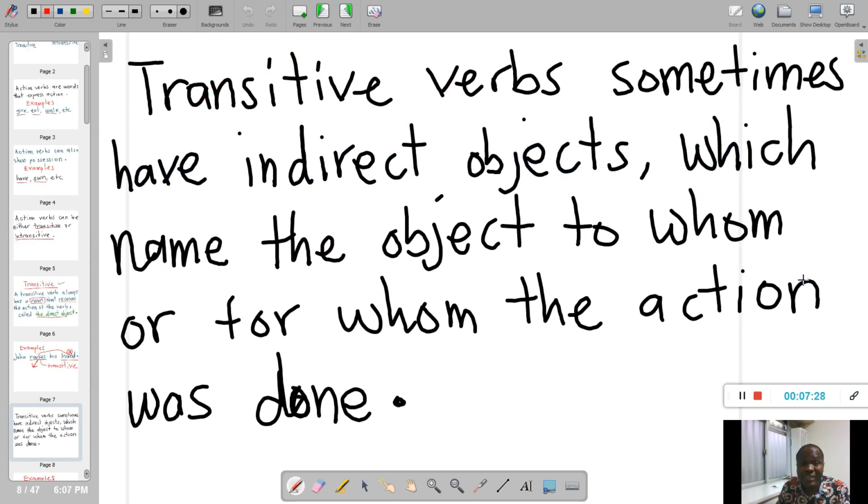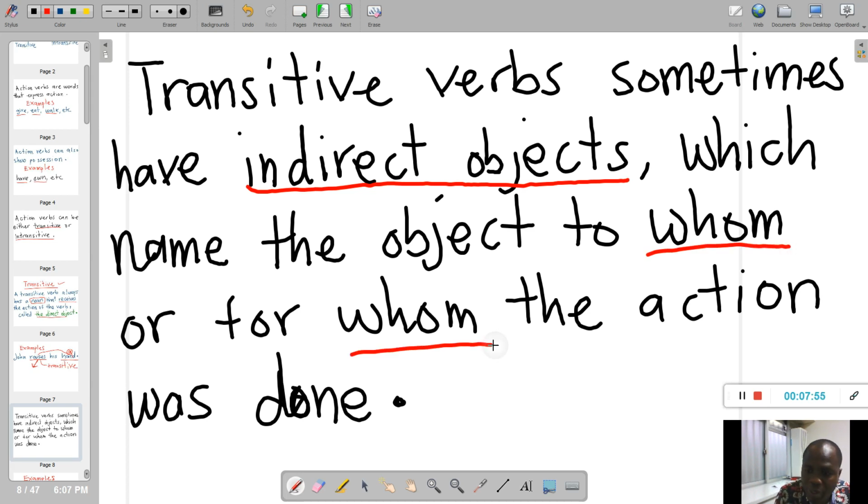A transitive verb sometimes has an indirect object. So we are looking at two aspects. First, we talked about direct. Now we are talking about indirect. We can say direct or indirect. Transitive verbs sometimes have an indirect object, which names the object to whom or for whom the action was done.